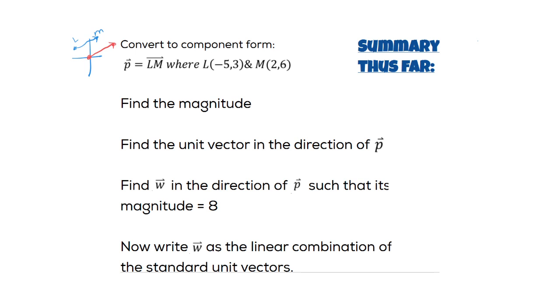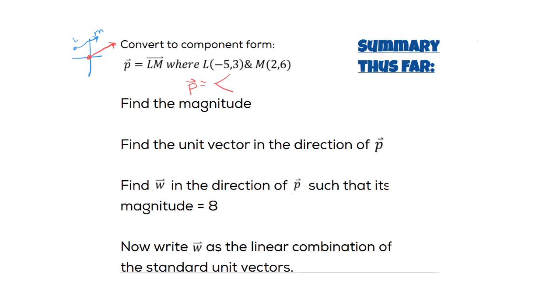To find that, we're just looking at what happened horizontally with the vector. I can look at this. It went from a -5 to a 2 horizontally. So to find that change, you're going to take your x2 minus your x1. So this is going to be vector P in component form. And the order you do this is important. You have to take the terminal minus the initial.